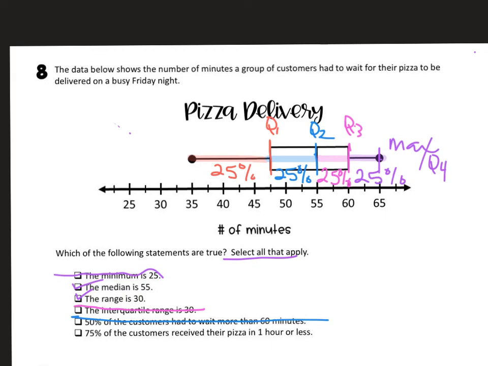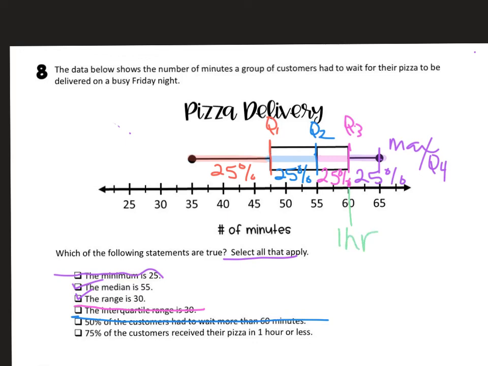is 25% of the data. So the real question is, 75% of the customers received their pizza in 1 hour or less. Okay, let's see here. Well, they love to switch up from minutes to hours, right? But if we're talking about an hour and my number line is talking about minutes, what do you think they're talking about here? That's right, 60 minutes is 1 hour.